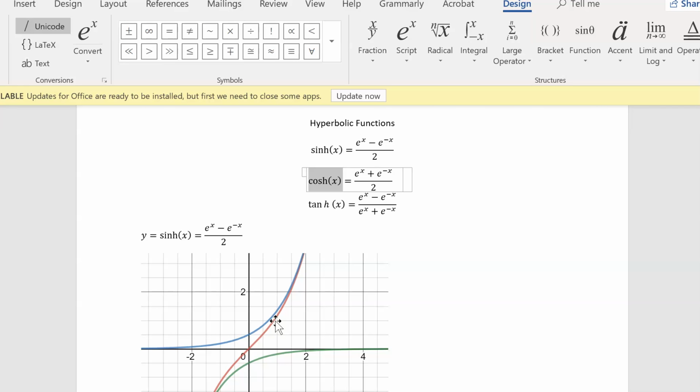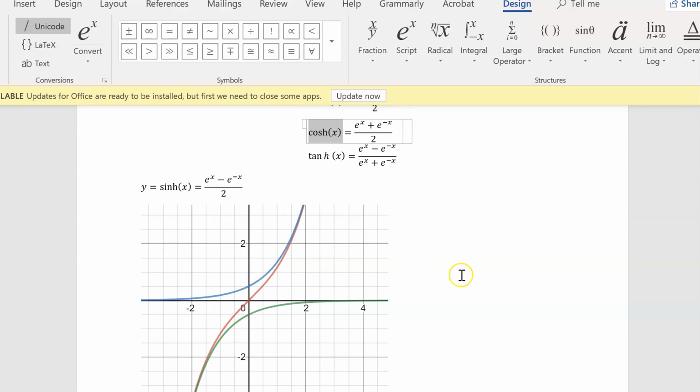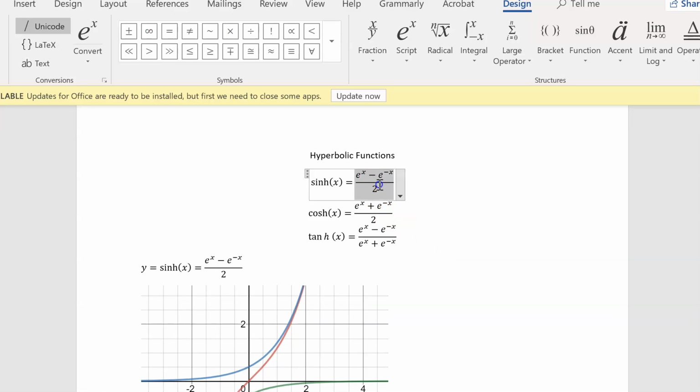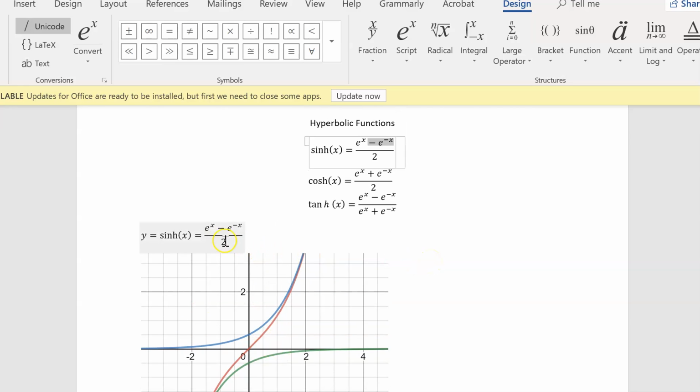You can see that it is built from two curves. The blue curve is e to the x over 2, and the other is negative e to the negative x over 2, which is a decay. The hyperbolic sine is really the sum of these two: e to the x over 2 plus negative e to the negative x over 2.